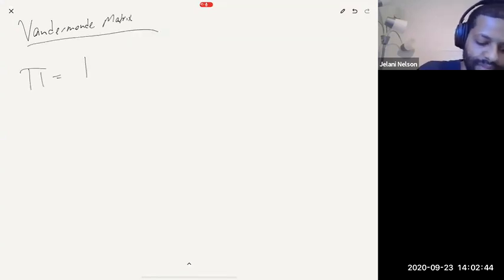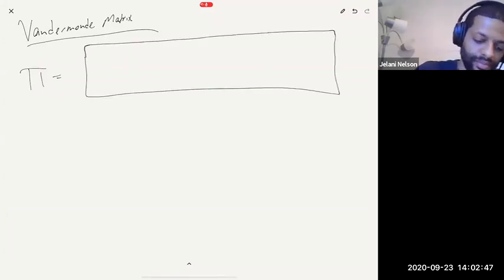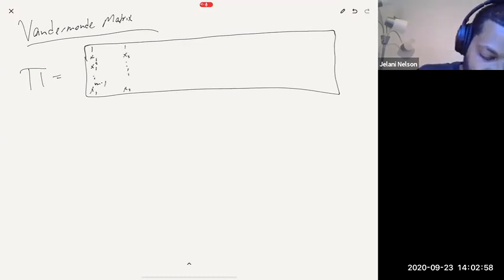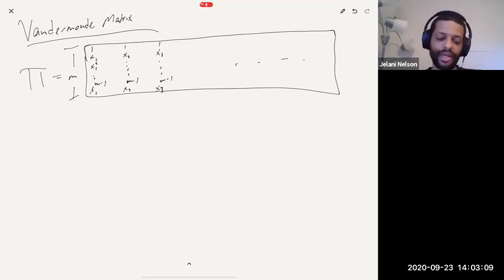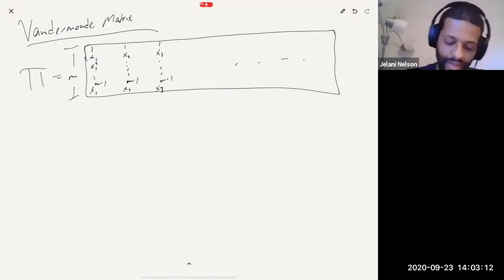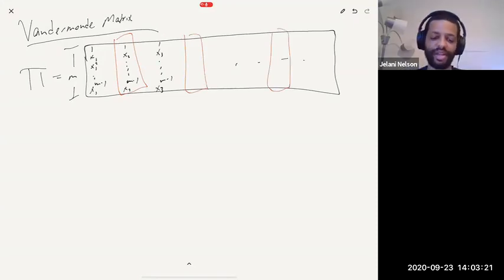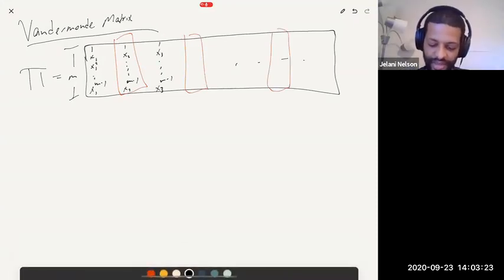So pi will be this matrix: 1, x1, x1 squared, up to x1 to the m minus 1; 1, x2, up to x2 to the m minus 1; where m is the number of rows; 1, x3, etc. Notice that if you take any submatrix of this with 2k columns, it's kind of the same pattern.